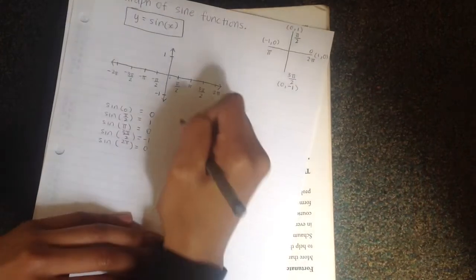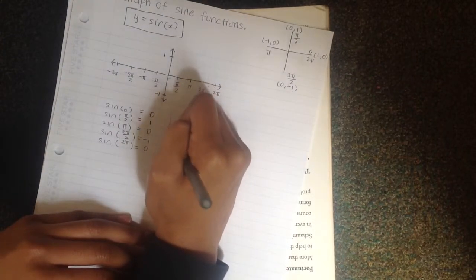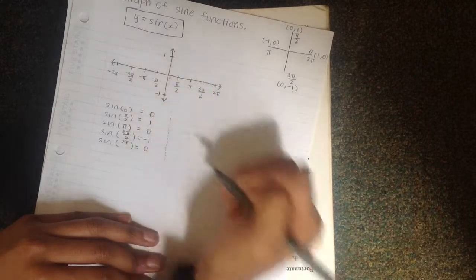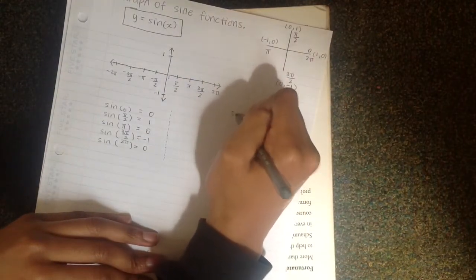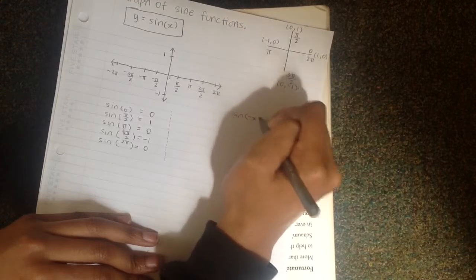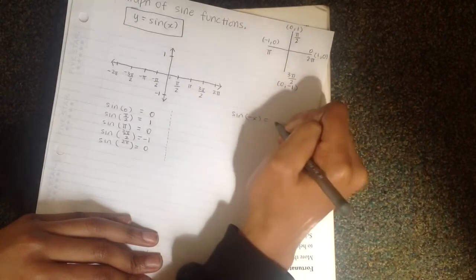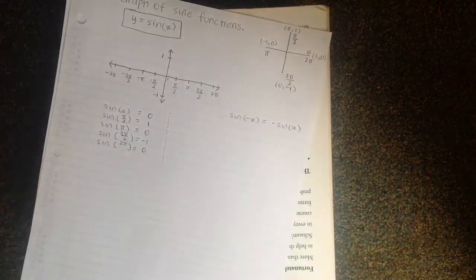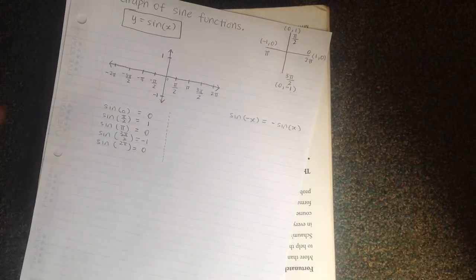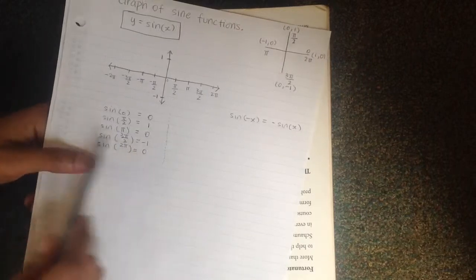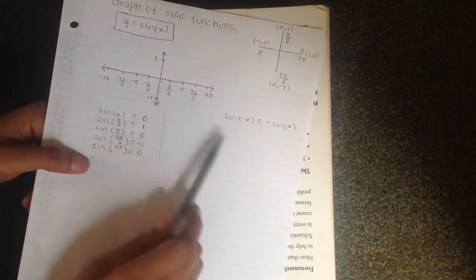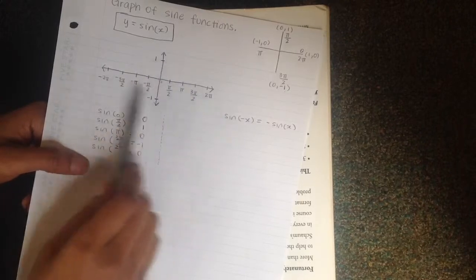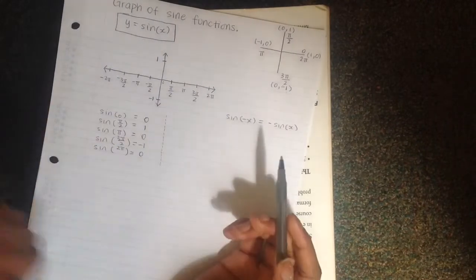So next we're going to do the negative values. And if you remember, sine is an odd identity, so sine of negative x equals negative sine of x. Remember, we're trying to get the values that we'll plug in for the y and x values.